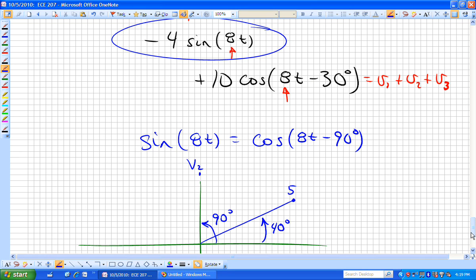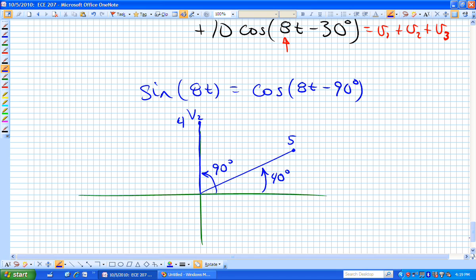Because I was now subtracting 4, I would have minus 4 cosine of minus 90. That could just be the same as 4 cosine of 90, which is the V sub 2 right here. And that's supposed to be of length 4. Hopefully this is somewhat accurate. That looks almost longer than the 5, but it's not supposed to be. And then I have V sub 3, which is of length 10 at an angle of minus 30 degrees.